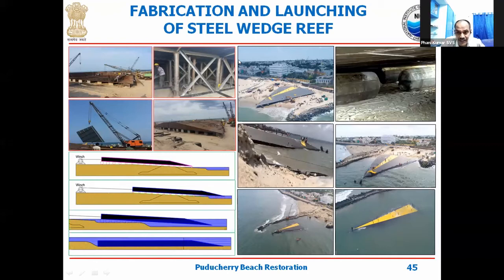Now the entire structure is on airbags, but it is tied to the shore using anchors that we installed on the shore. Then the height of the airbags is adjusted in such a way that when I release the tension in the rope connected to the anchor, the reef slides on these airbags. Our main task is to control the roll and ensure that it doesn't hit the water at a high velocity.